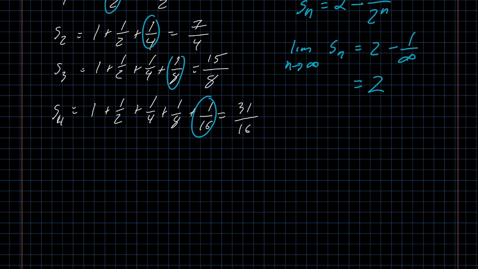And because the sequence of partial sums converges, we can write that as the sum k goes from 0 to infinity of, I'll write it out, 1 over 2 to the k is equal to 2.